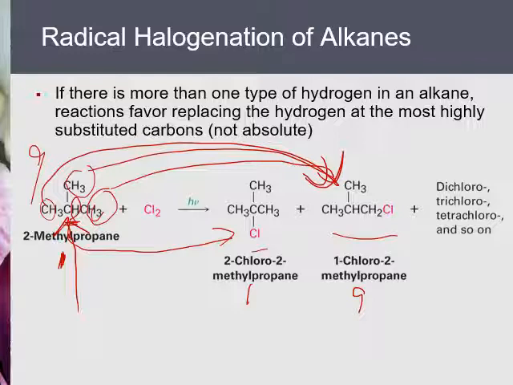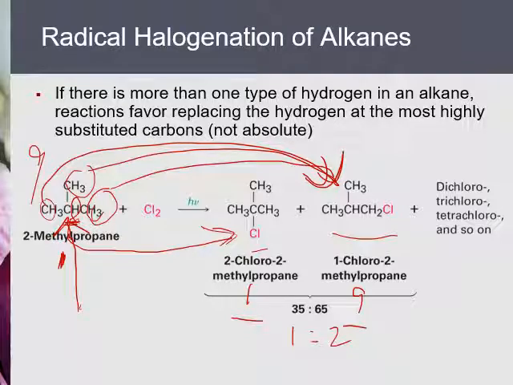So the reactivity to form the first product is the most reactive. So instead of forming a 1 to 9 ratio, experimenters show it's 35 to 65. It's about 1 to 2 instead of 1 to 9. And this is because tertiary carbon is more reactive than primary carbon.